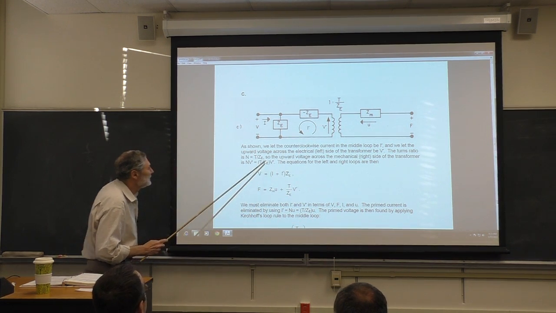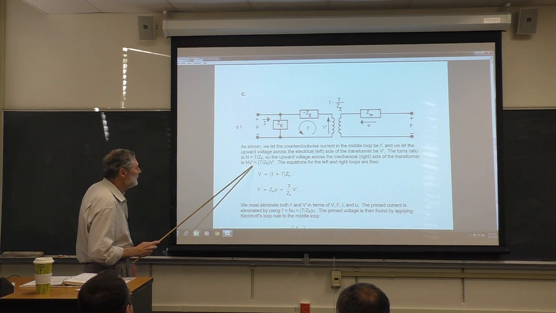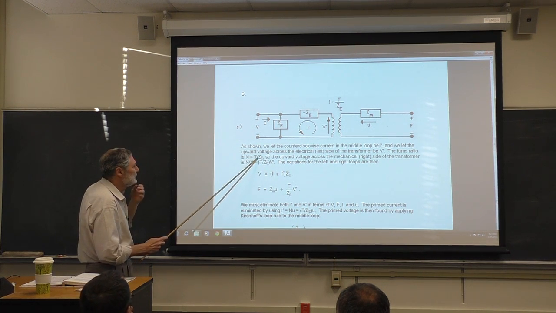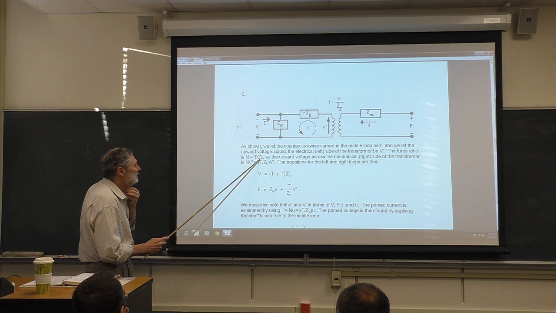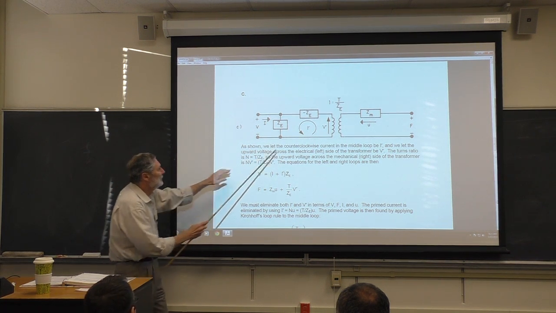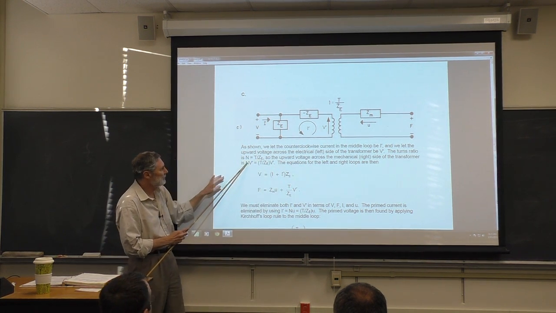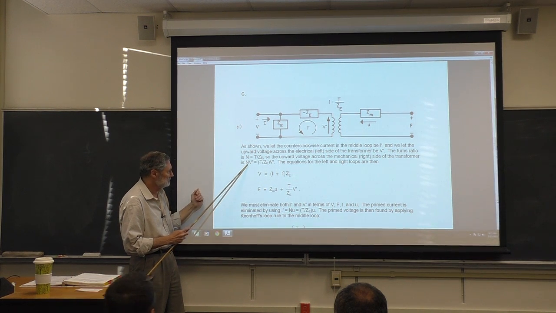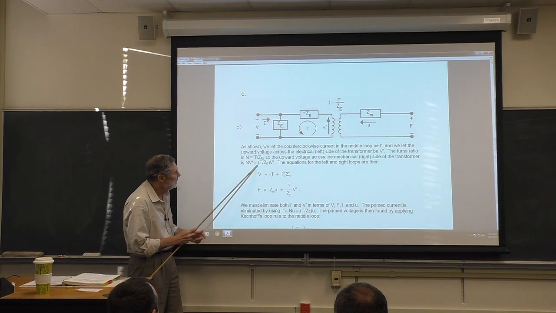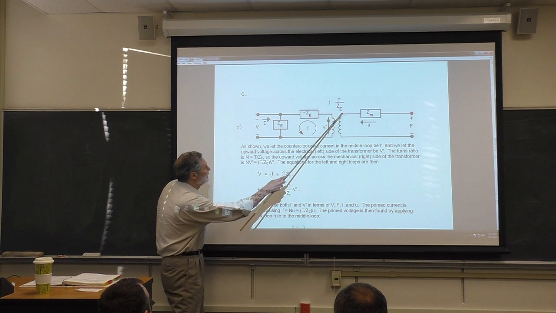I think I wrote this in here. Here's the turns ratio. So the voltage here is going to be boosted by N or depleted or reduced. So we know the voltage here.